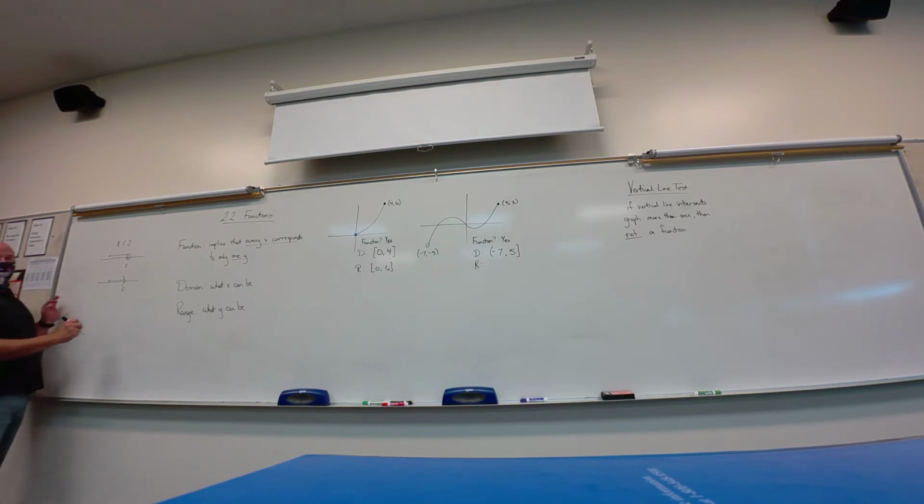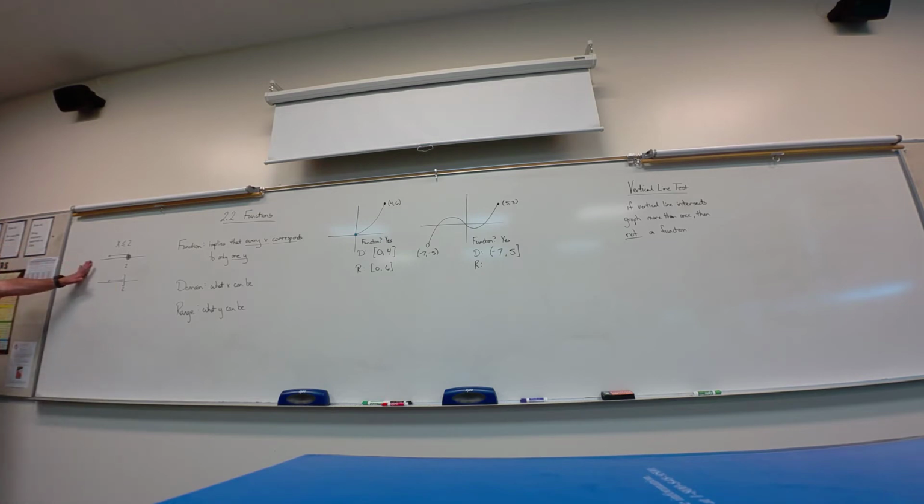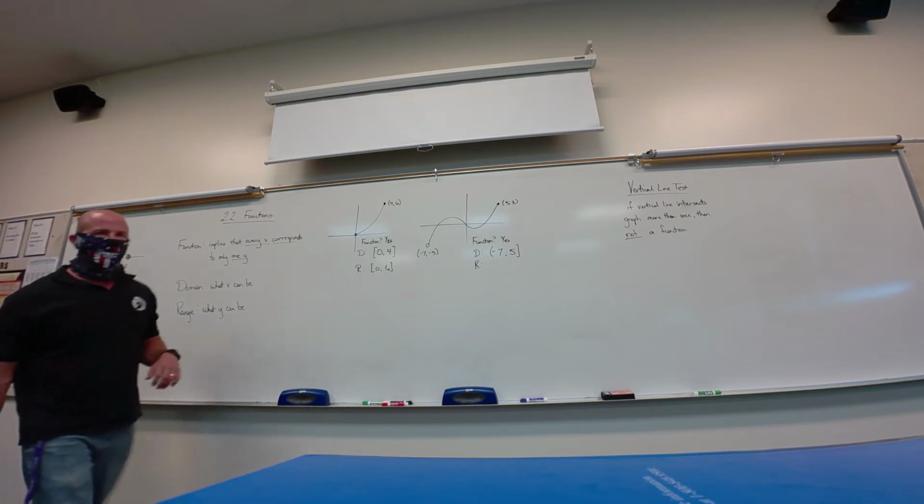Whereas if it was equal to, that would be colored in, and then this would be a bracket. That's where that's coming from. So you're taking this old number line idea over into that two-dimensional graph. There's where the parenthesis and bracket come in.